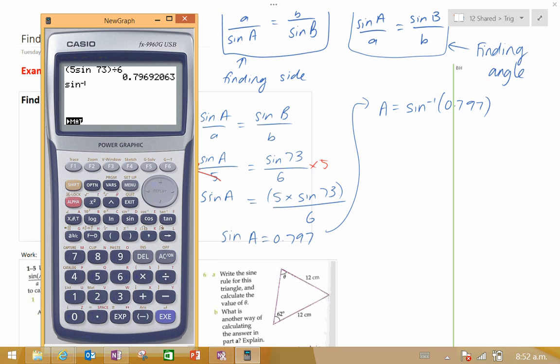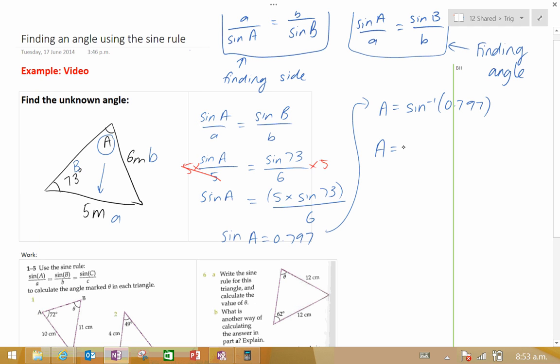How do I get the exact value from my last answer? I go Shift and Answer, that negative button next to EXE, and that brings up the answer of your last calculation, so it's totally exact. Press EXE, and there's our exact angle, 52.8 degrees. So in this problem, the angle that we're looking for is 52.8 degrees.